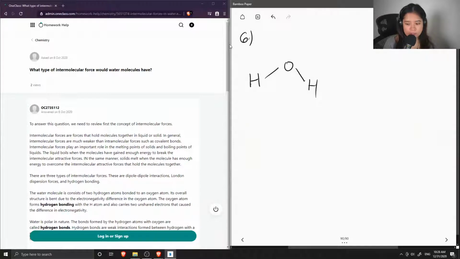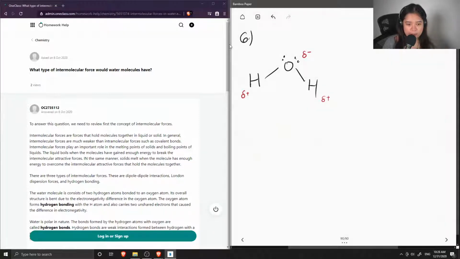So therefore there's an uneven sharing of electrons in the covalent bonds. Because of this uneven sharing of electrons, a water molecule has a partially negative side where the oxygen is, and it has a partially positive side where our hydrogen atoms are.